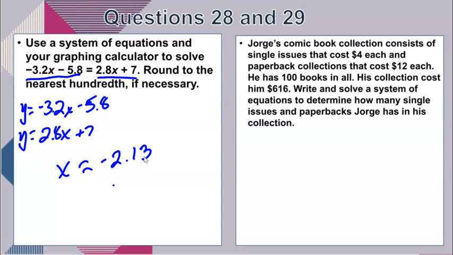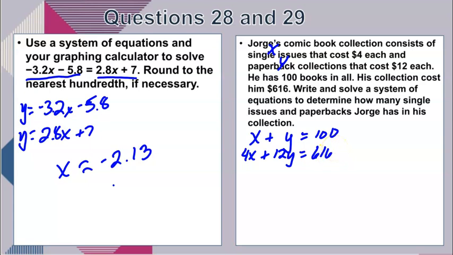So I'm going to use single as my x and paperback as my y. So I have x plus y has to give me a total of 100 books, and the other one we have 4x, because $4 for each single, plus $12 for each paperback, so that's 12y, has to equal a total of $616.